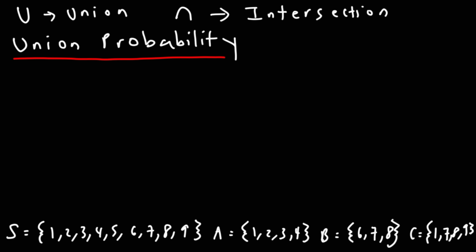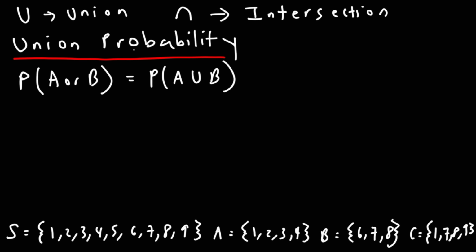That's union probability. In other words, it's equal to the probability that A or B will occur. This can also be represented as the probability of A union B, thus the expression union probability.